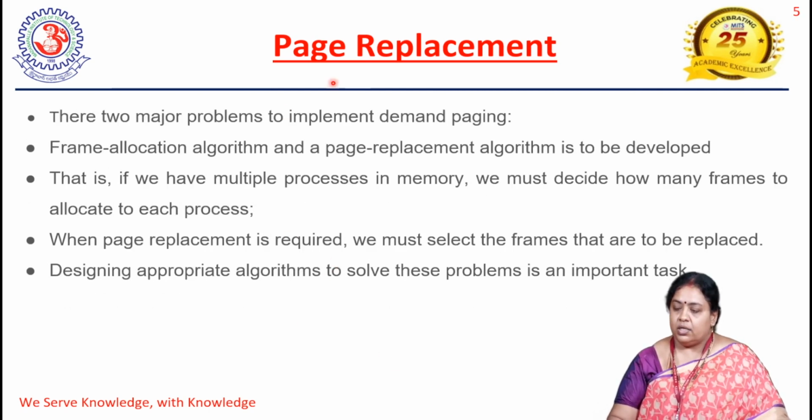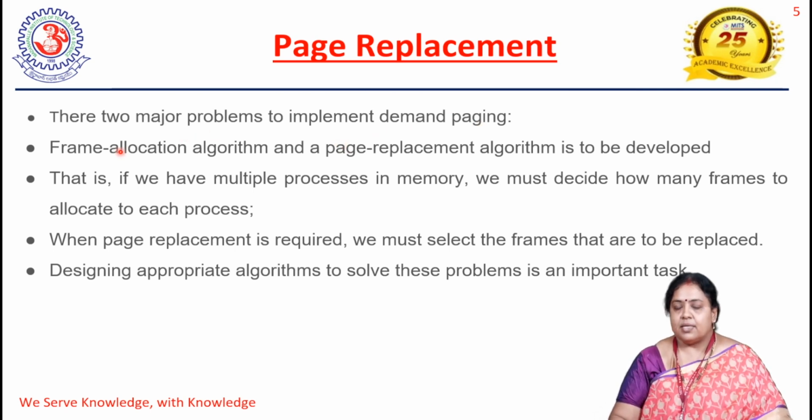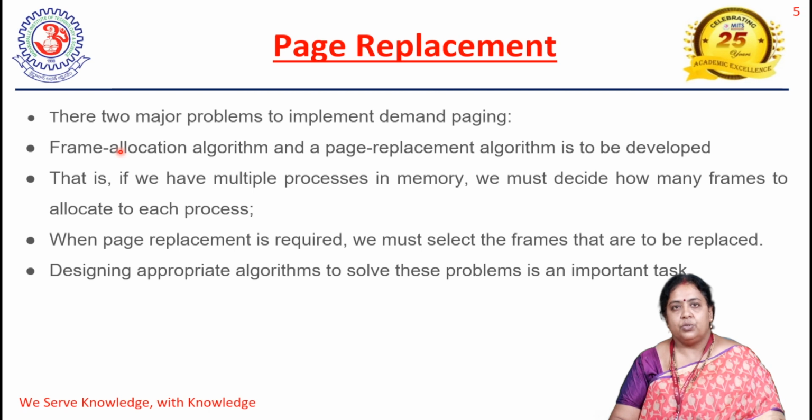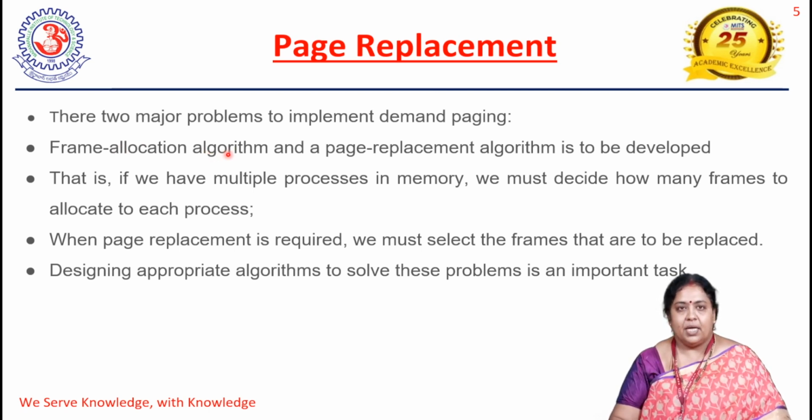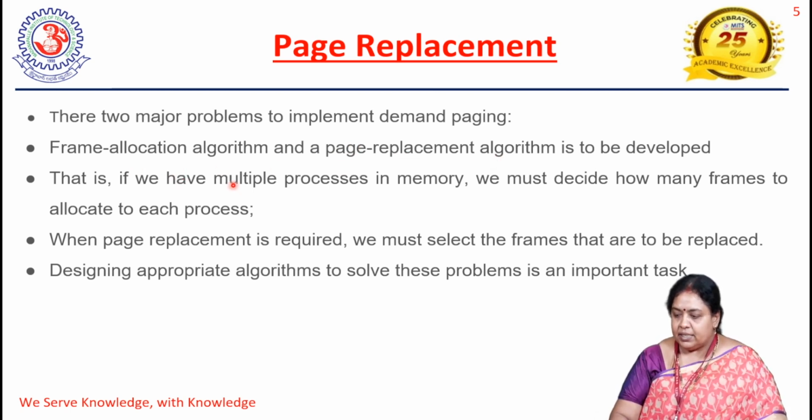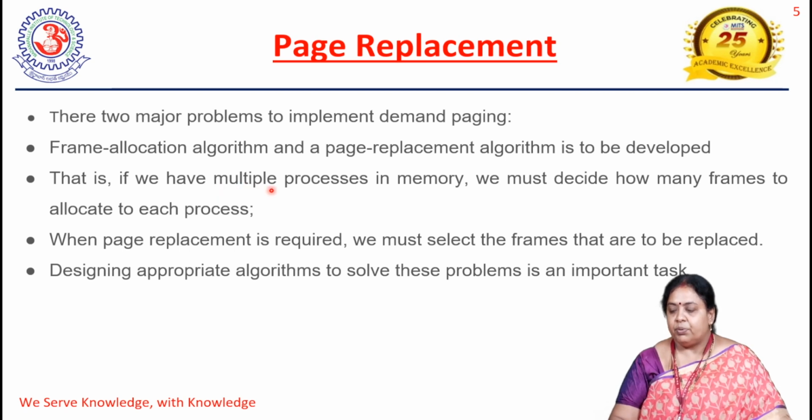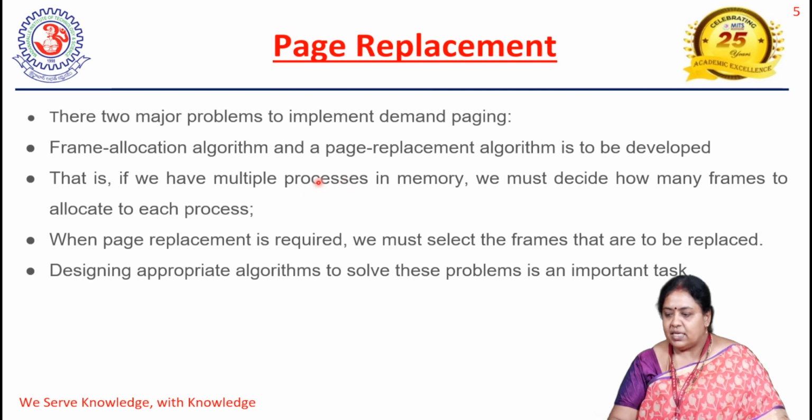So in order to implement this demand paging, the operating system has to consider two algorithms. One we call a frame allocation algorithm, and the next one we call a page replacement algorithm. Frame allocation algorithm is needed because it is multi-process programming. That means multiple processes will be in the memory, so we have to allocate frames for each and every process.